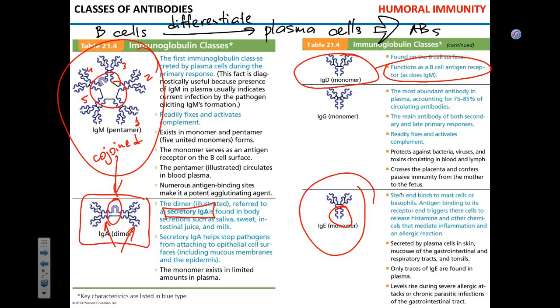And finally, the most numerous antibodies, IgG, immunoglobulin G. This antibody is a monomer. It is the second antibody that's produced in response to infection after IgM. It activates complement, and what is important, it can cross the placenta.